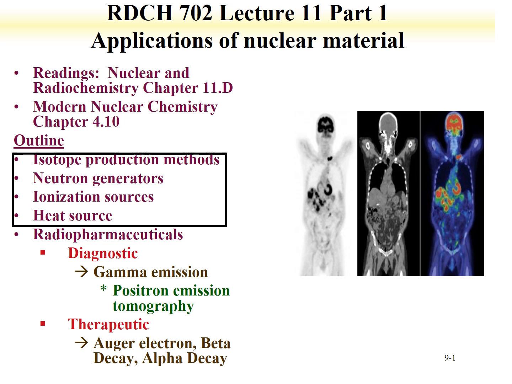The second part will cover radiopharmaceuticals, example shown here of radiopharmaceuticals, and we'll discuss both diagnostic, where gamma emission either through the decay of an isotope, or positron emission tomography, where a positron annihilates an electron and produces two photons.